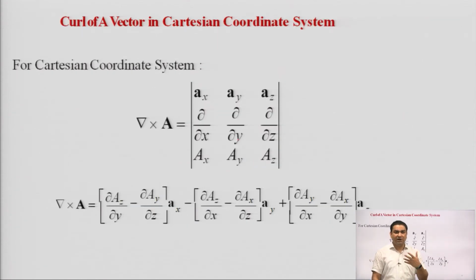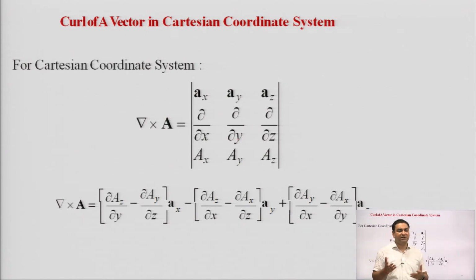Now, what are the basic things related to the curl? In the 3 coordinate systems, the curl can be defined like this. In the Cartesian coordinate system, it is very simple in the matrix form, like del cross A is equal to the determinant with ax, ay, az, which are the unit vectors in the x, y and z axes.